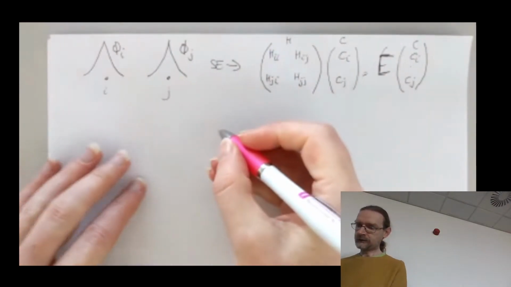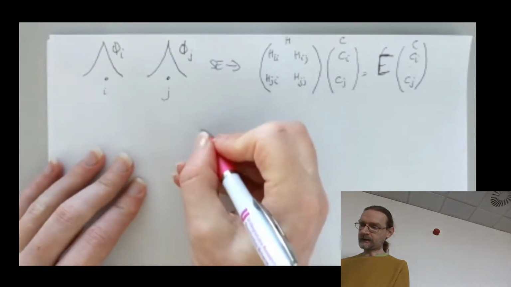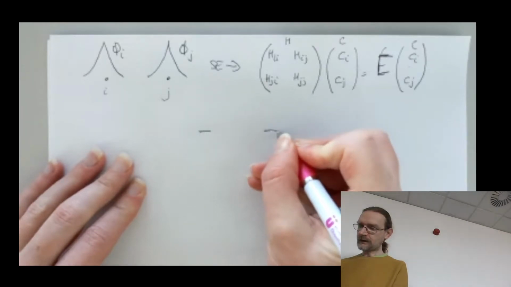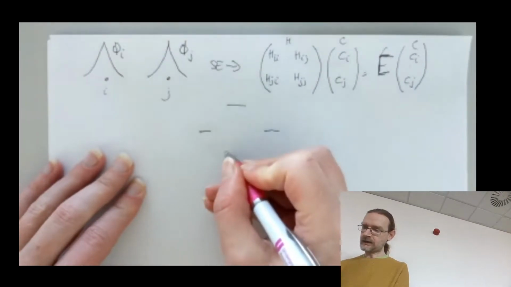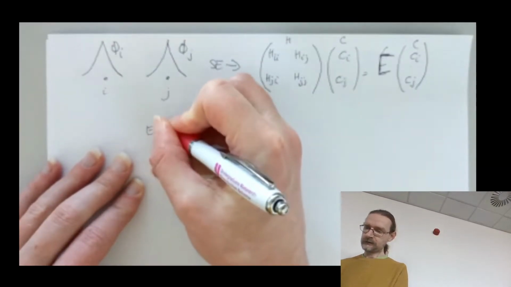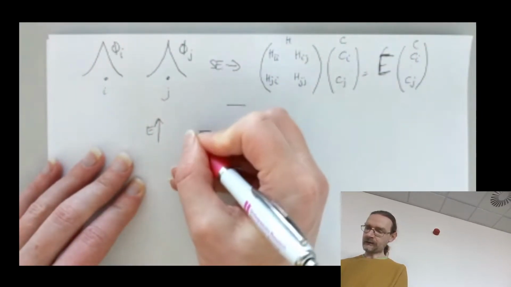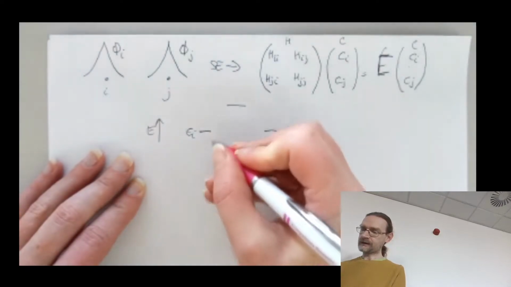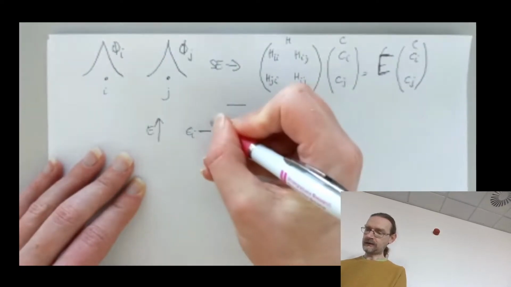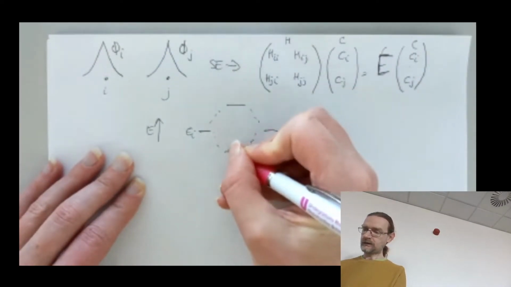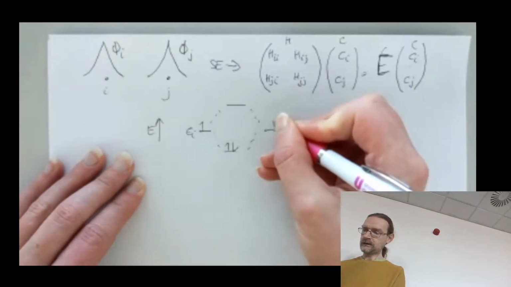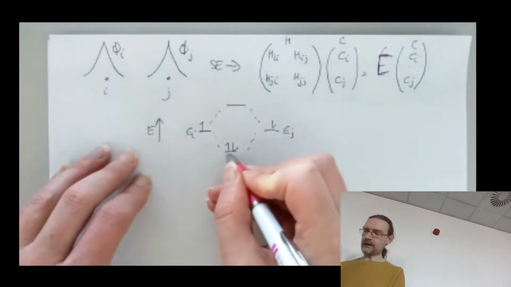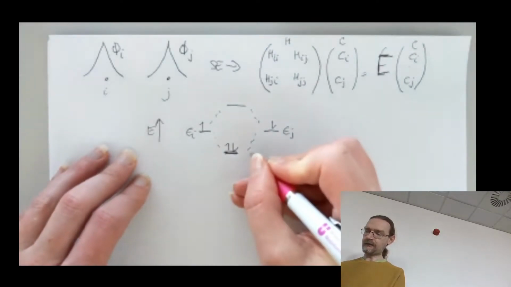And what we ended up with was a picture in energy, where we started out with our energy levels of the atoms, and when they interacted, we ended up with a new energy level.